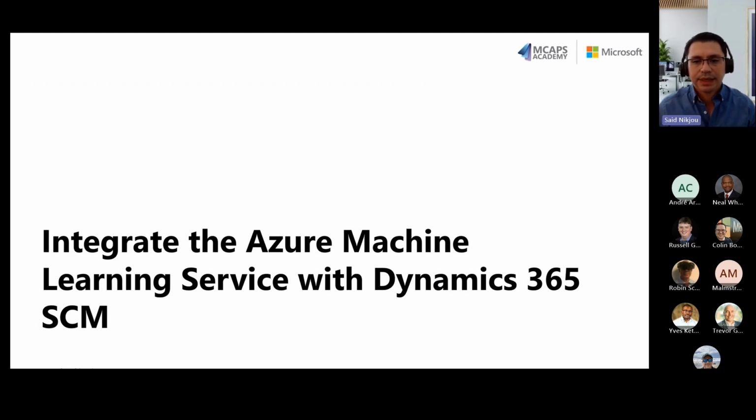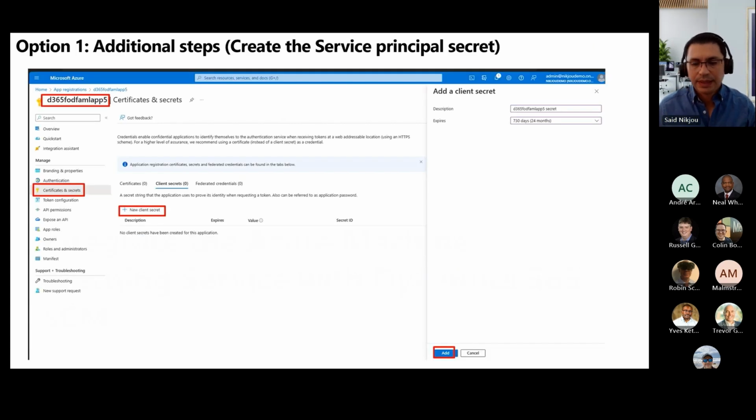And now the next step is to integrate the Azure Machine Learning Service with D365. Another additional step that we need to do is to create the service principal secret. The script will create the app registration, but you need to create the secret manually.